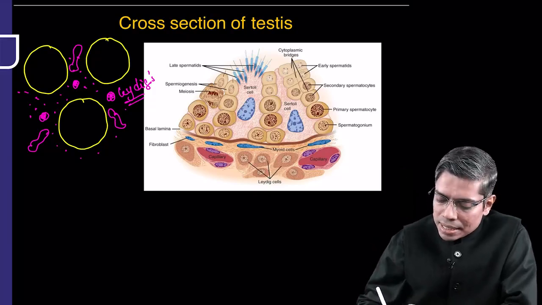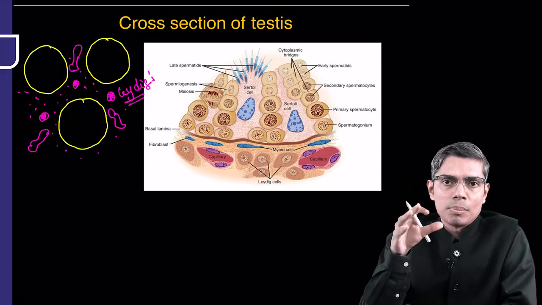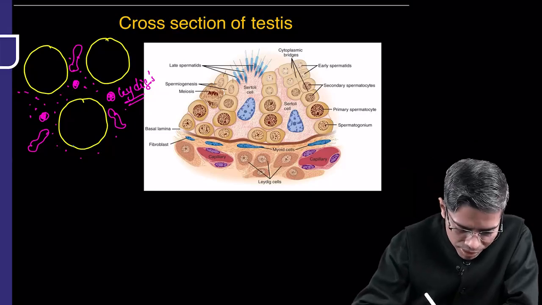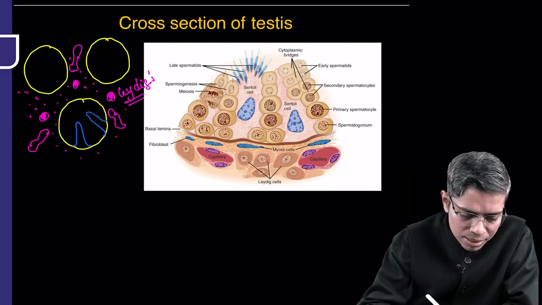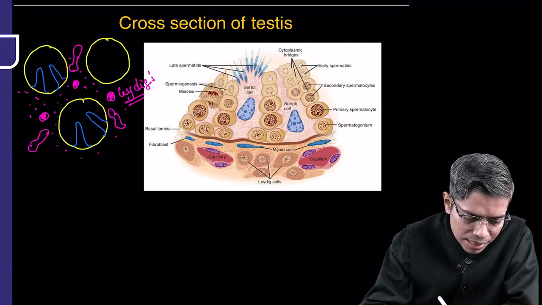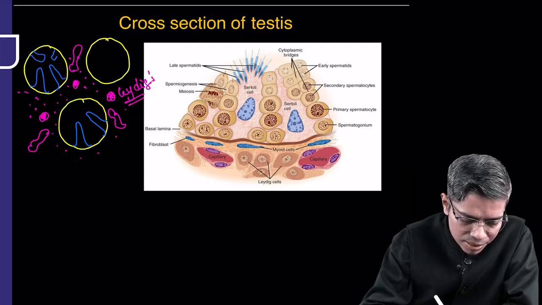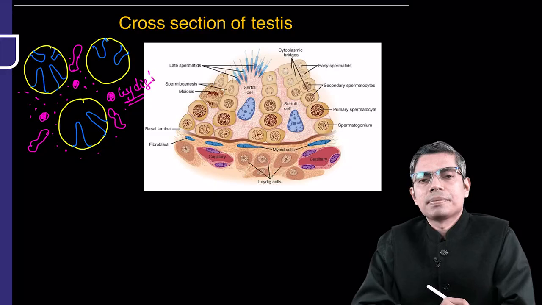Now, if you look inside the seminiferous tubule, the major cell component which you are going to find here is a long type of cell, which is nothing but the Sertoli cells. So there will be the presence of long cells inside this seminiferous tubule, and these cells are nothing but your Sertoli cells.